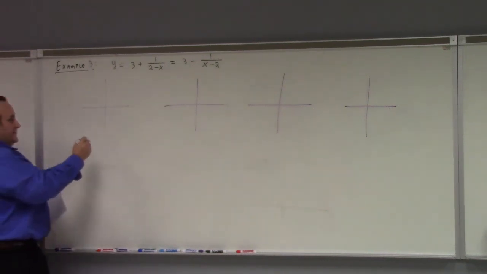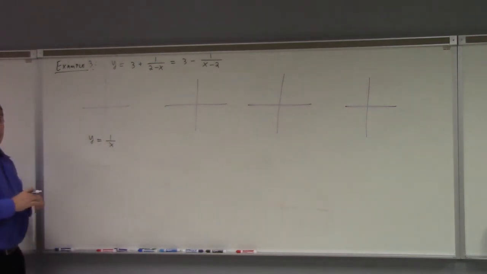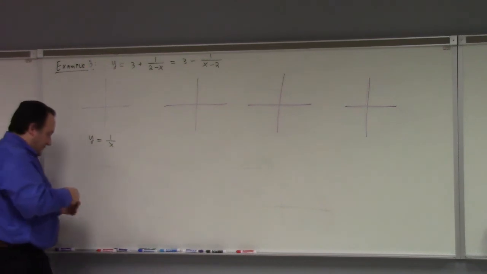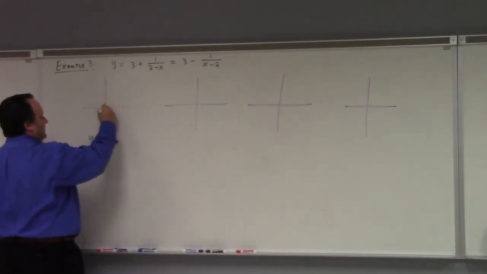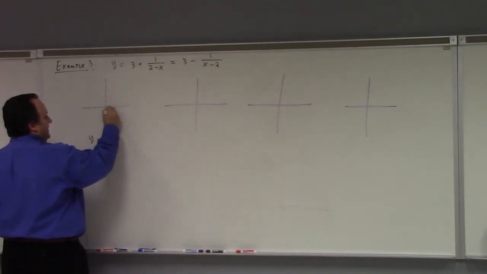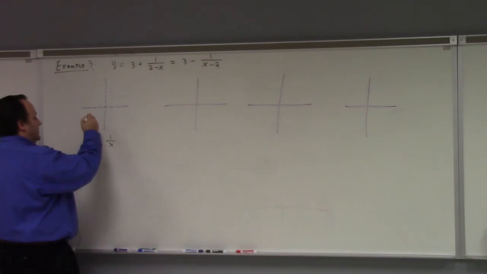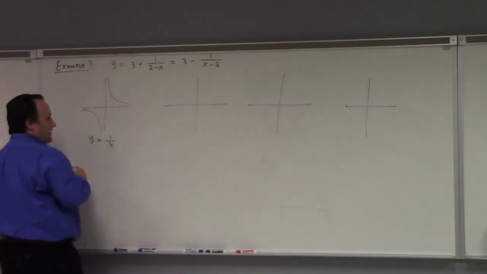So I start with my reciprocal graph, which is y equals 1 over x. For the reciprocal graph, we want to track the asymptotes. I think that's helpful. So the asymptotes for the reciprocal graph are just the x and y axes, all right? It's got a horizontal asymptote of the x-axis, vertical asymptote of the y-axis, and this one.